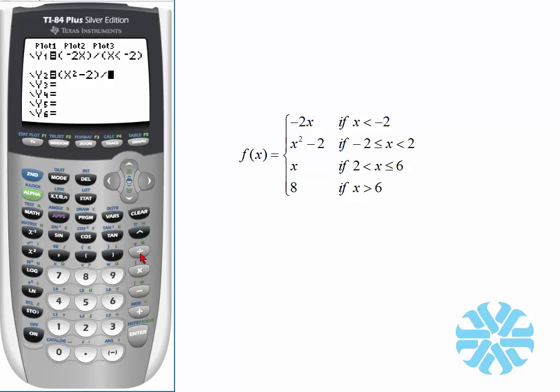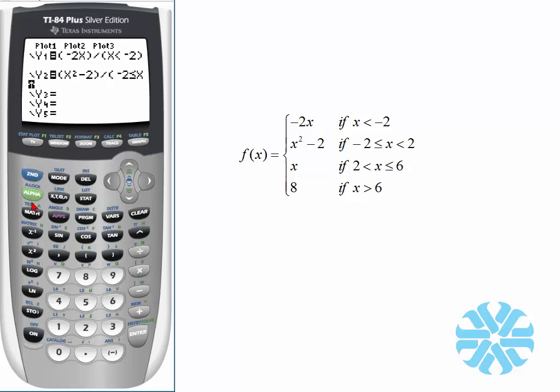And now this is a compound inequality, and you need to enter this in with a logical operator. And again, we need to put this compound inequality inside a grouping symbol. So a left-hand parenthesis, and we want negative 2 less than or equal to, so second function, math button, less than or equal to is number 6, and then the variable x. Now we want to put in a logical operator, which is the word and.